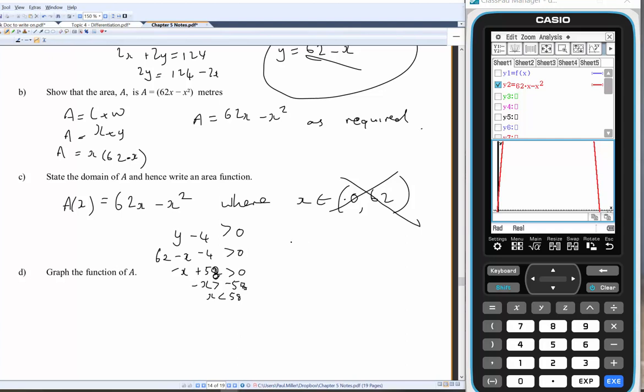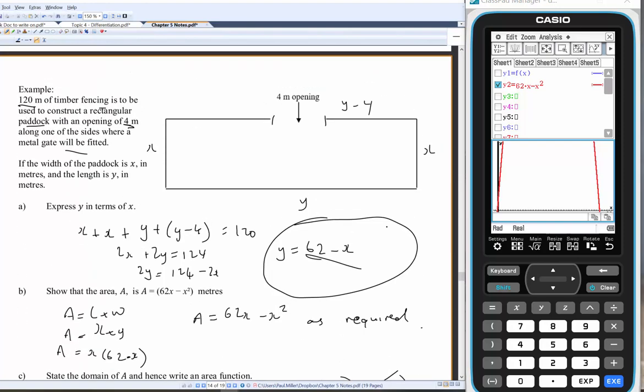What we're going to do is say that x is an element. You can jam in 0 if you want, and you can go all the way up to 58, not inclusive, because if you go higher than 58, for example, if you want to put 59 in here, what that's going to do is this side here expressed in terms of x, let's have a look. We're going to write it as 62 take x take 4.